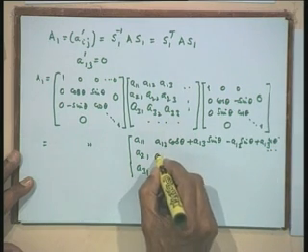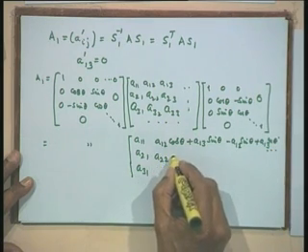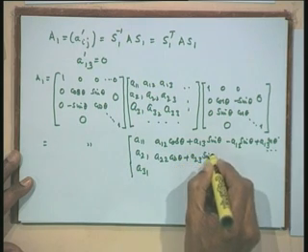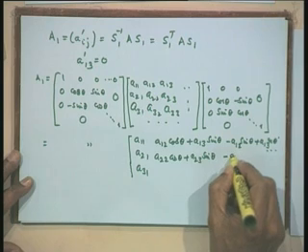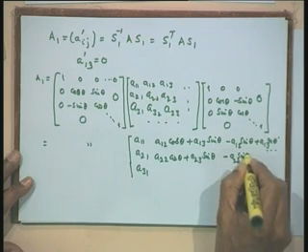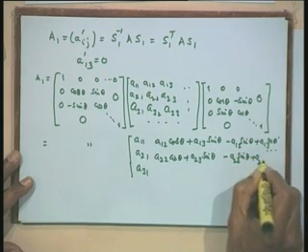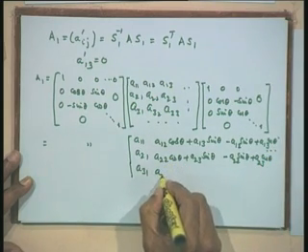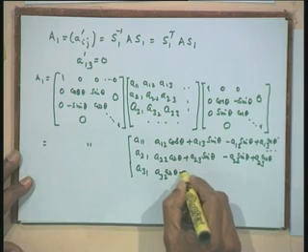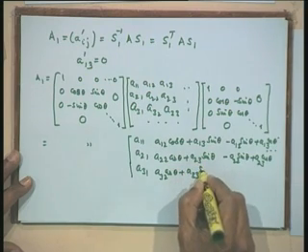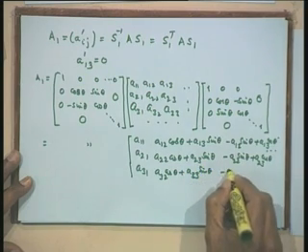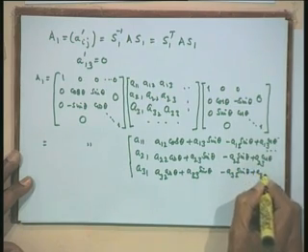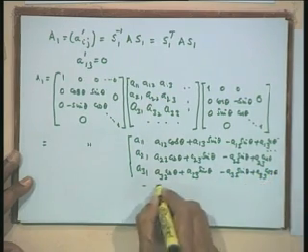Now, I need these two elements also. This is A 2 2 cos theta plus A 2 3 sin theta, this is minus A 2 2 sin theta plus A 2 3 cos theta, and similarly A 3 2 cos theta plus A 3 3 sin theta, minus A 3 2 sin theta plus A 3 3 cos theta.